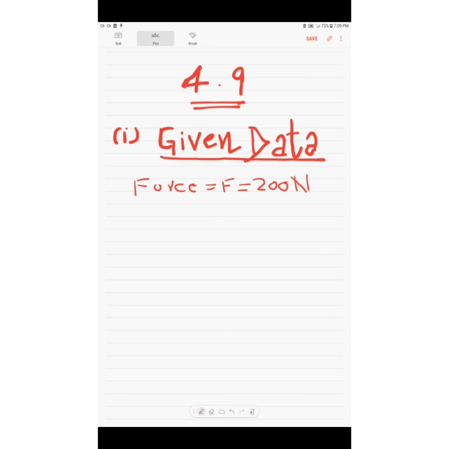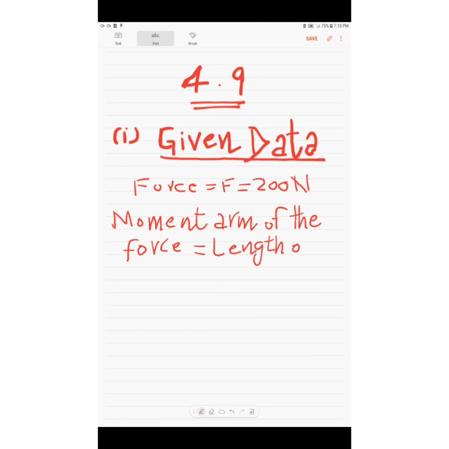Moment arm of the force is equal to length of spanner.